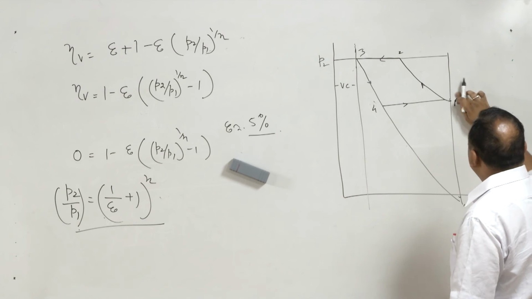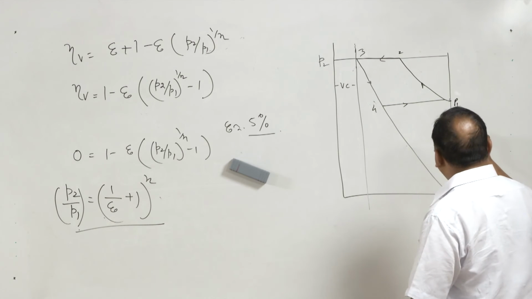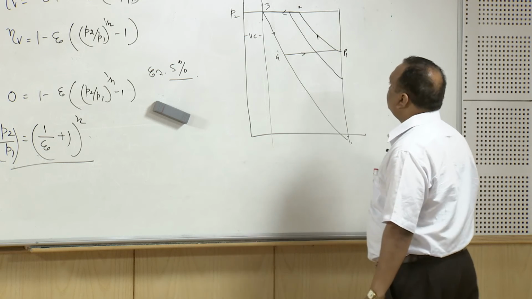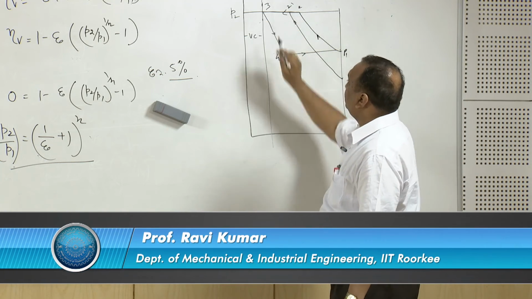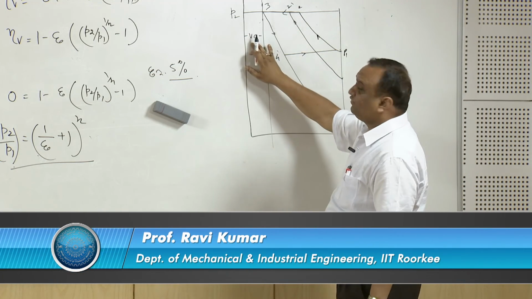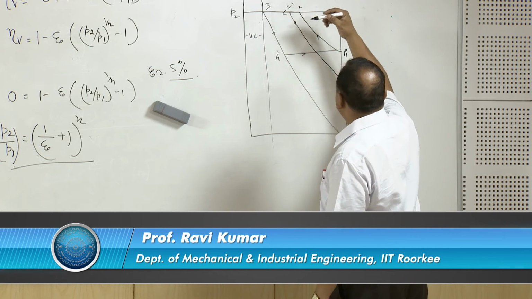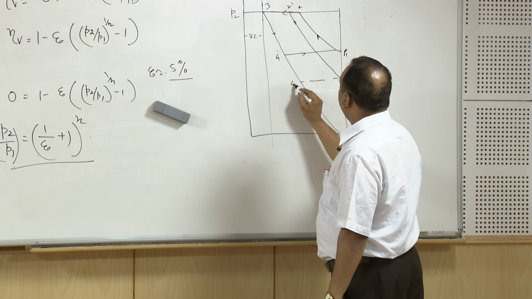Now we reduce P1 to, let us say, somewhere here. What is going to happen? The point 2 will be shifted as 2 dash, point 3 is fixed because clearance volume is fixed, but during the expansion the point 4 will be shifted here.